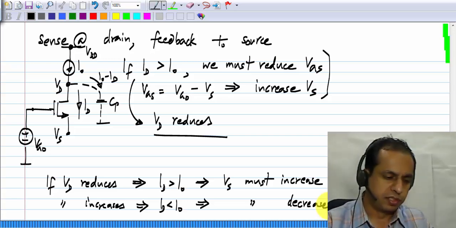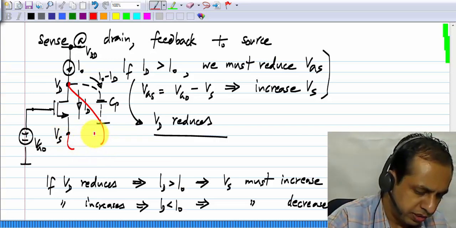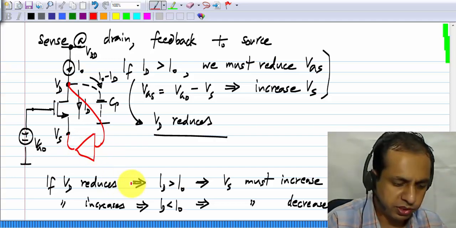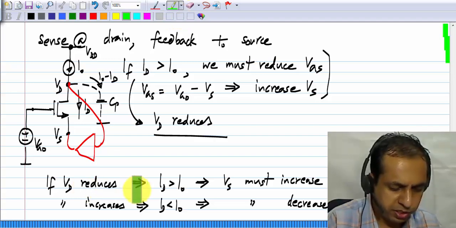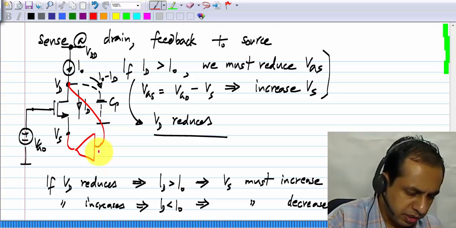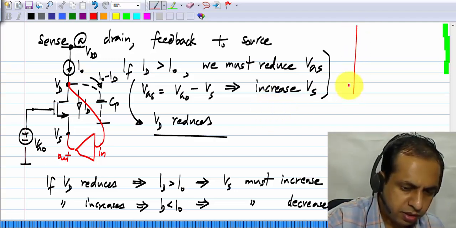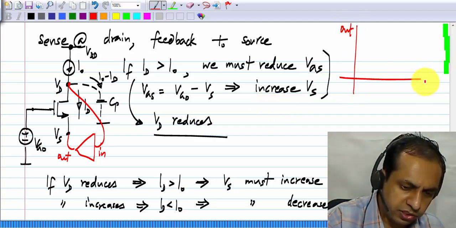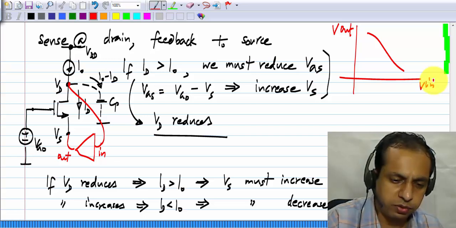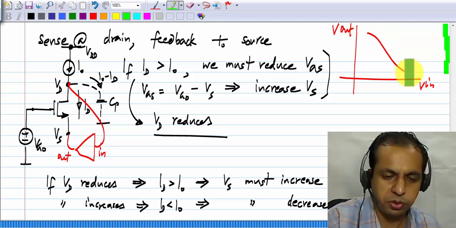So how do we accomplish this? What we really need is some block which takes as input the drain voltage and gives as output the source voltage, and it must have this behavior: if Vd reduces, Vs must increase, and so on. Let's say these are the input and output terminals of this block. Then the voltage at the output versus the voltage at the input should have a characteristic like this, which means if Vin increases, Vout, what is driven to the source, should decrease.